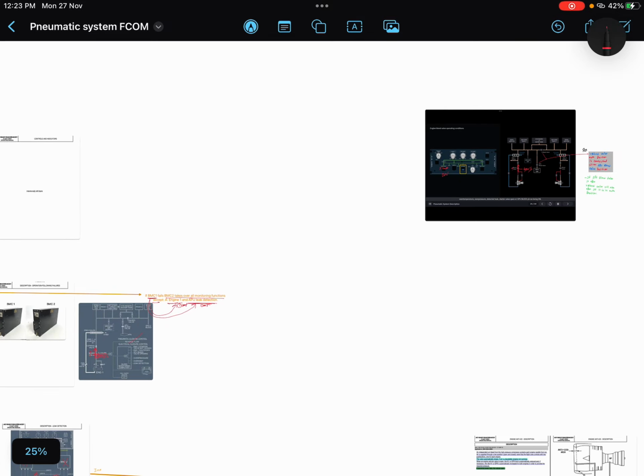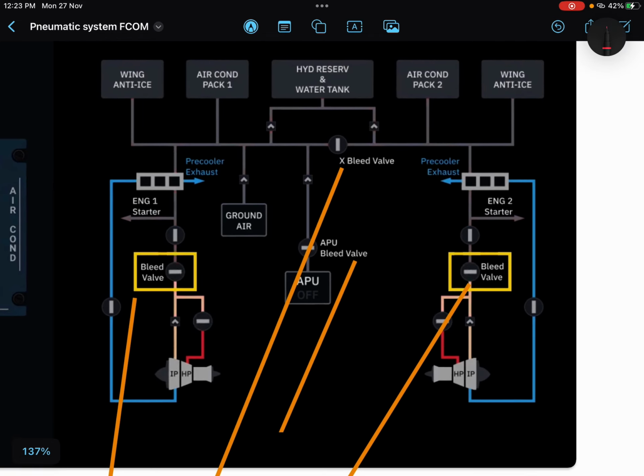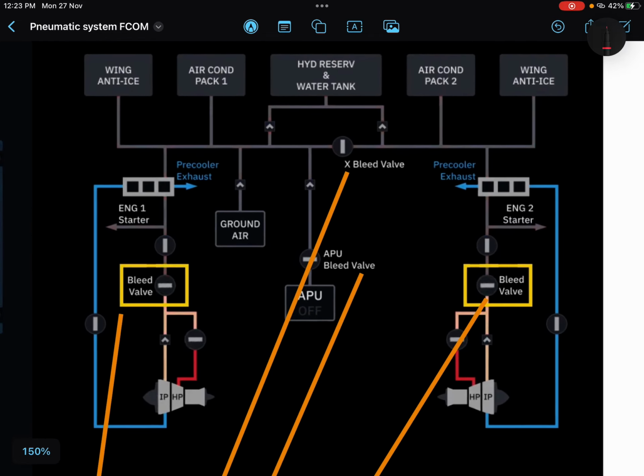And one more thing I would like you to answer and think about. What are the valves which you can directly control from your cockpit? So out of this whole pneumatic system, on which valves do you have direct control, right?